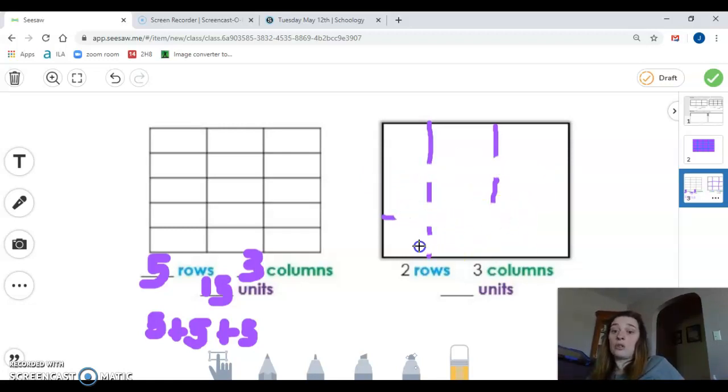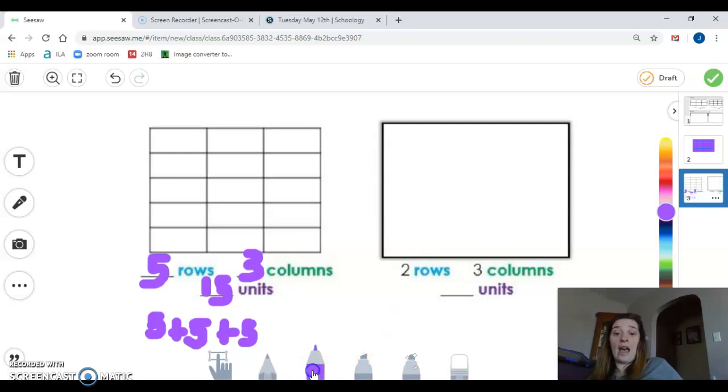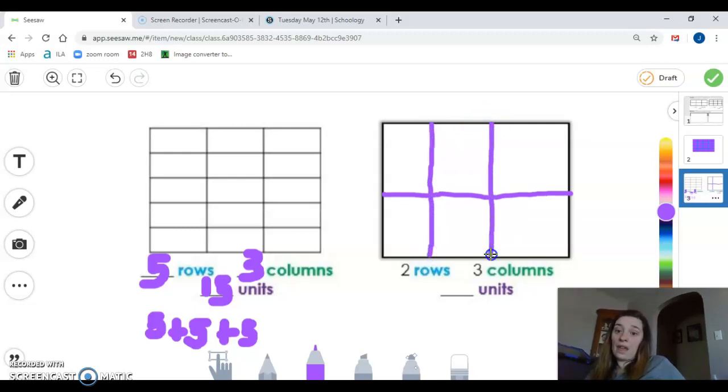I need 2 rows, so I just need to cut it in half. I just need to go down the middle so that I get 2 rows. Now I have 1, 2 rows, and then I need 3 columns. There we go. 1, 2, 3. Now I've got it right. 2 rows, and 3 columns.